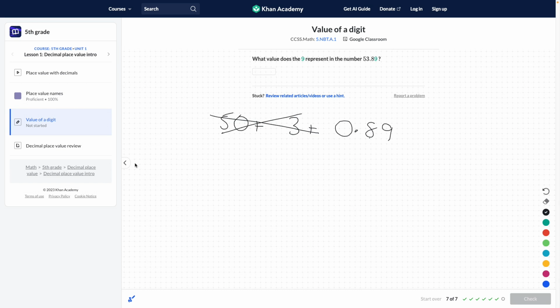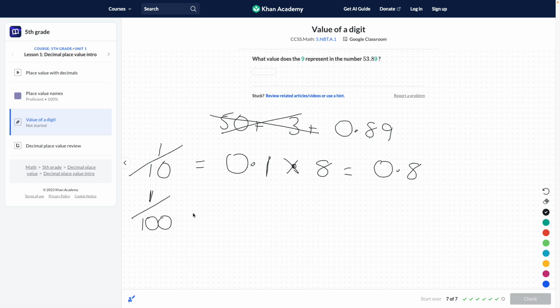Now, once again, we know that 1 divided by 10 is equal to 0.1. So this number is multiplied by 8, so it is going to be 0.8. Well, we want the 9, right? So let's just start here. We know 1 divided by 100 is equal to 0.01.